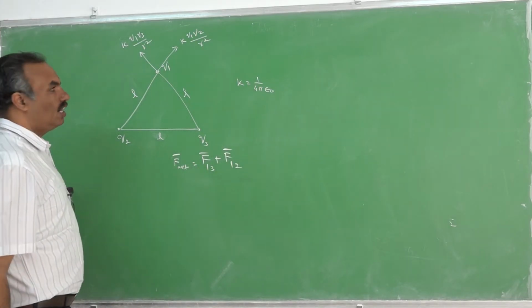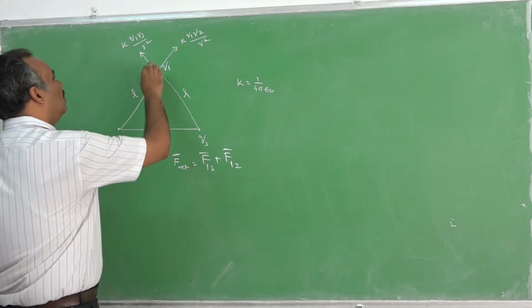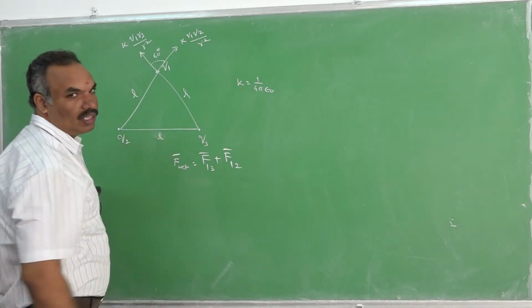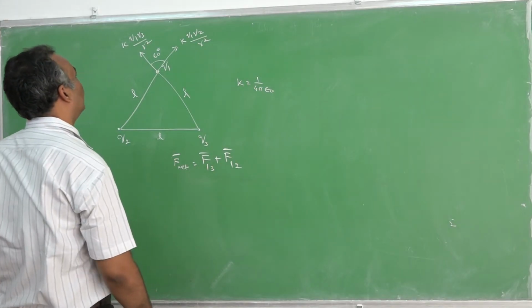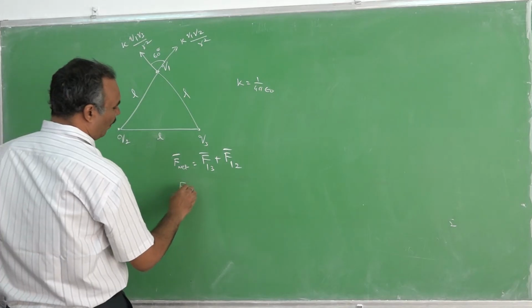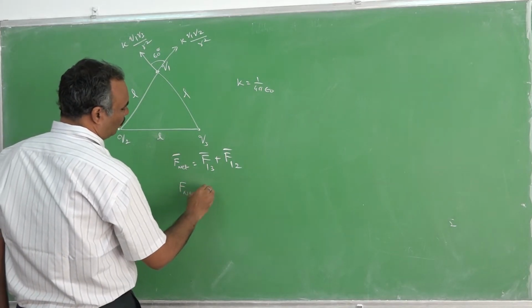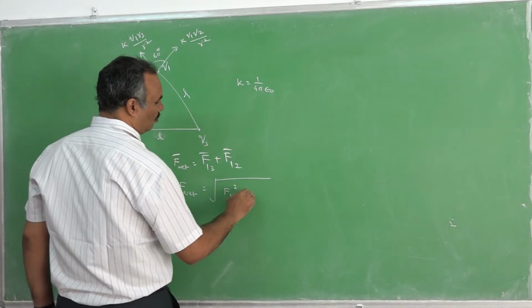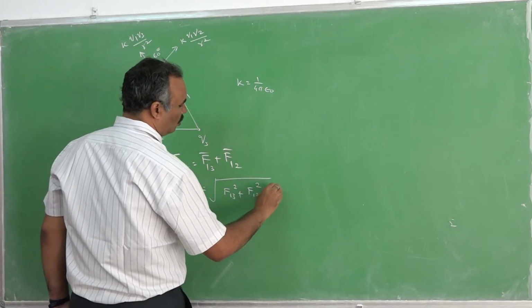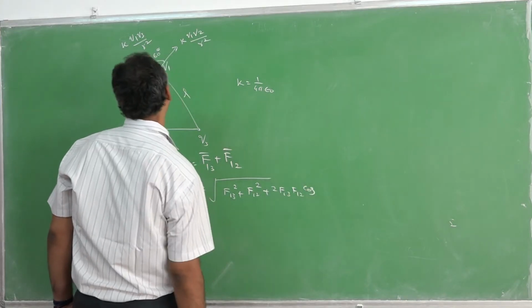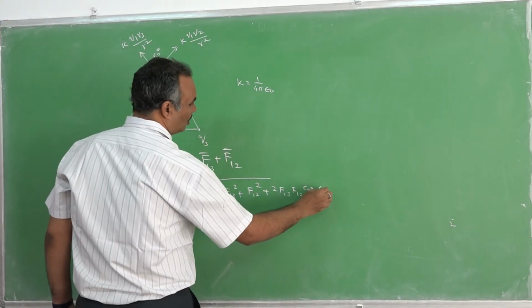So this is the general idea. We should take the resultant of these two. As the angle is 60 degrees, I should go with the parallelogram law to find the resultant force. So the net force is given by the square root of F13 square plus F12 square plus 2 F13 into F12 into cos of the angle between them, which is cos 60.